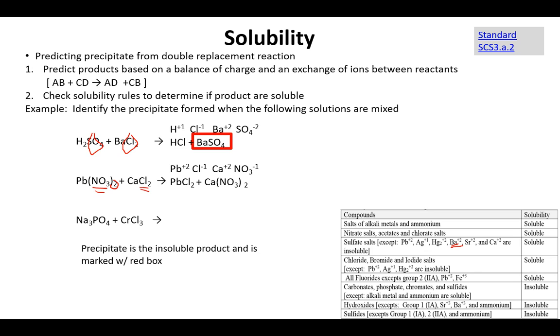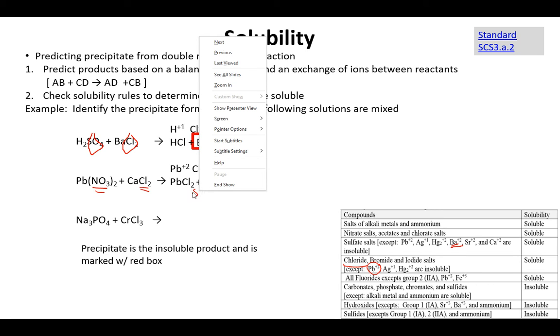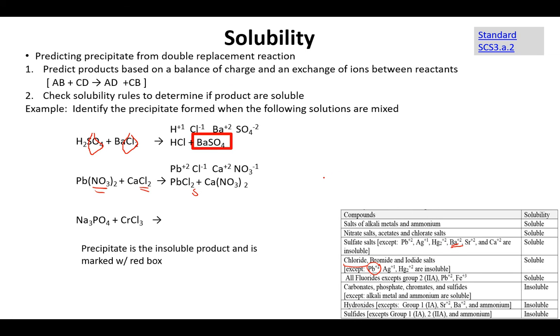If I look at my chlorides, they are soluble unless it's lead 2. So PbCl2 is going to be my solid, my precipitate. And my CaNO3, look at my nitrates. Nitrates are all soluble, therefore it's going to be aqueous. It is not going to form a solid.